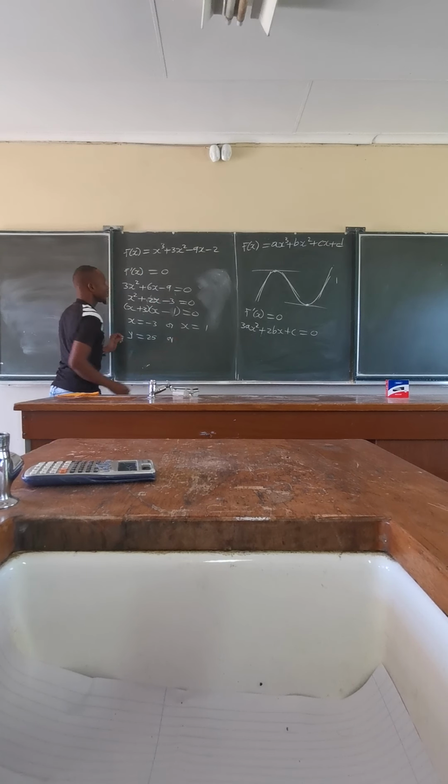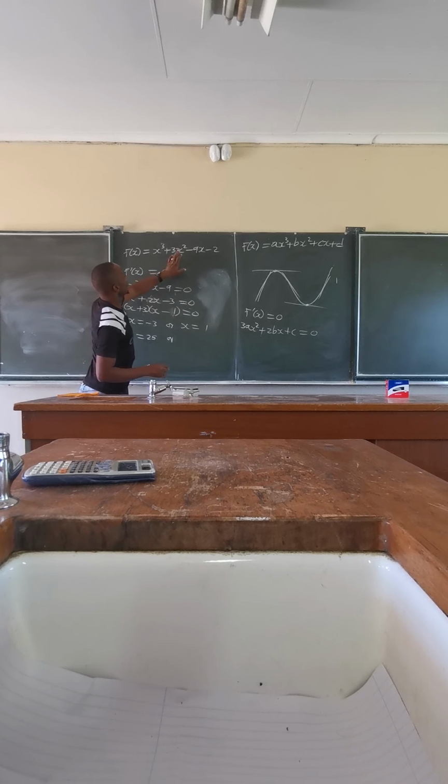And then when you put x equal to 1: 1 cubed is 1, 1 squared is 1, times 3 is 3, plus 1 is 4. 4 minus 9 is negative 5.